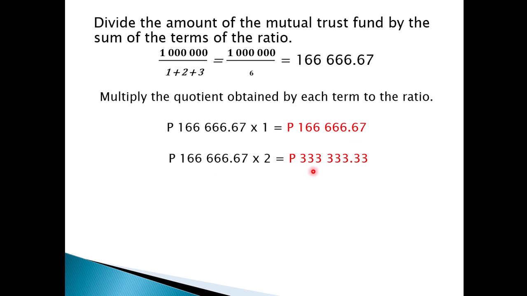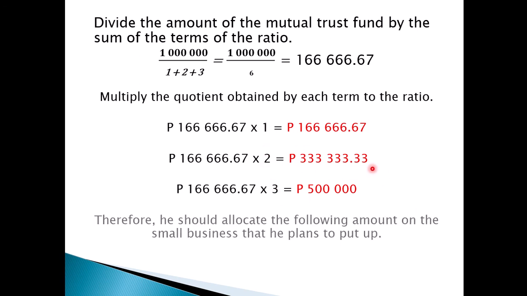That's going to be 333,333 pesos and 33 centavos, diba? And after that, we multiply the same value by 3, and that's going to be 500,000 pesos. Now we have already divided the 1 million pesos into a partition of 1 is to 2 is to 3, and these are our answers.